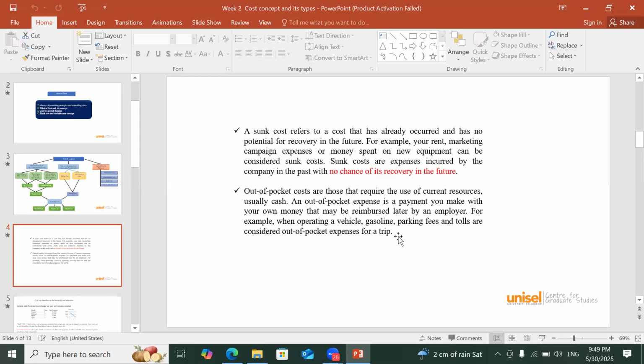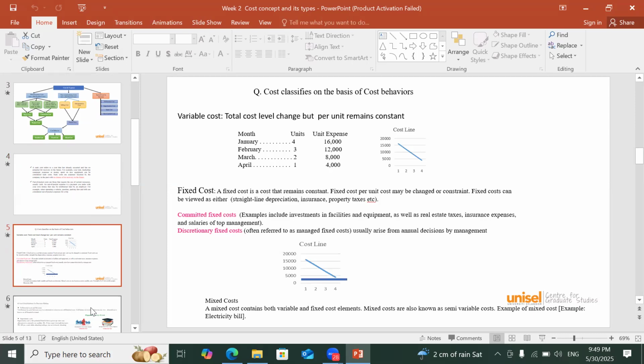I think you will see them next and try to practice this type of cost. For this purpose, I wrote details here about sunk cost and out of pocket cost. Now I am going to elaborate in detail with examples.